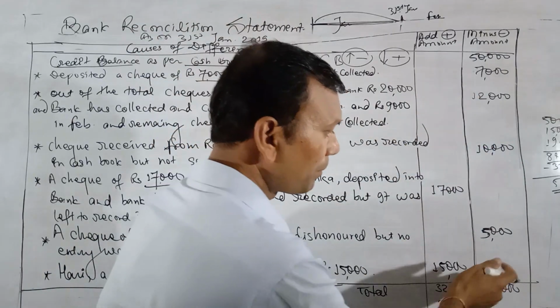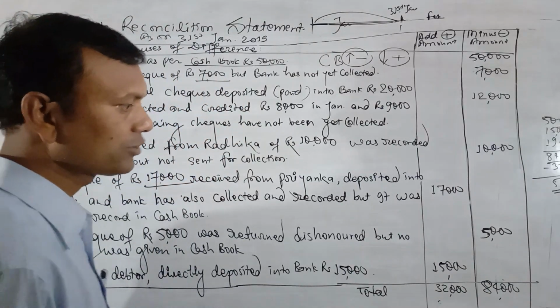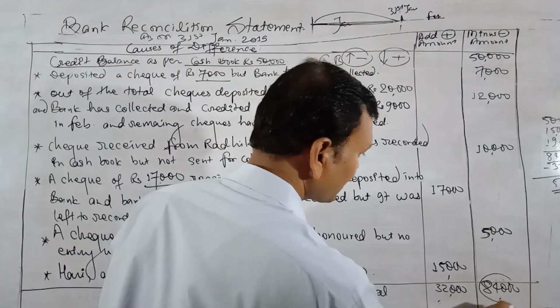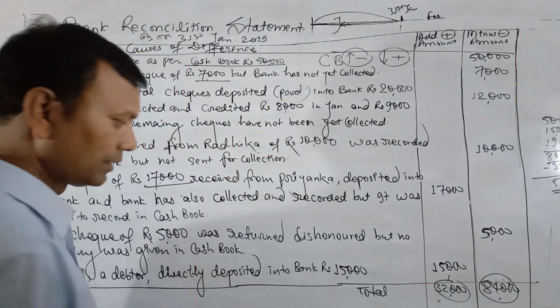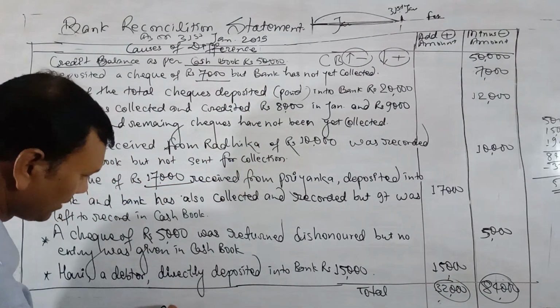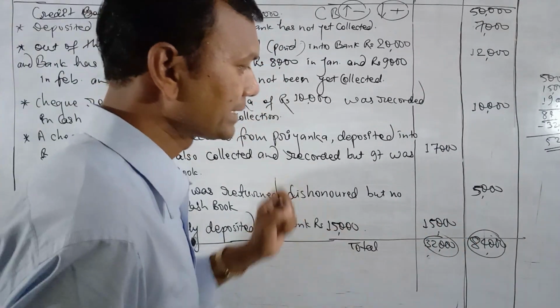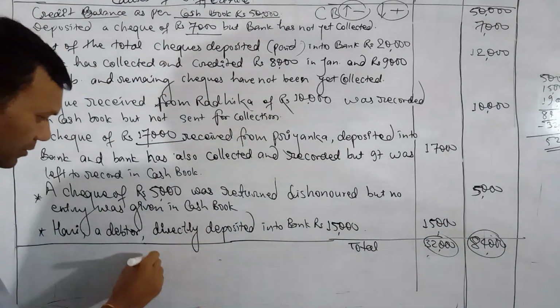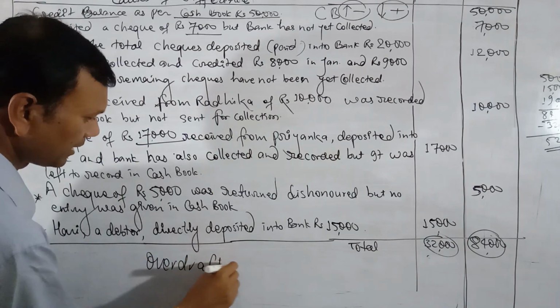The total of minus is greater than the total of plus. That is why it is an overdraft. Whenever the minus becomes more than the plus, it is an overdraft, and we have to write overdraft here.